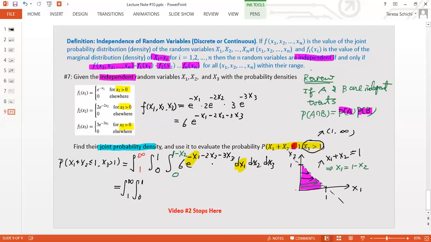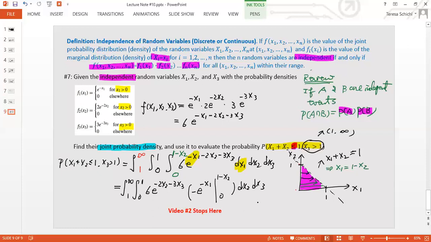So this is the 6. I can move all the others to here because this is the constant, right? Inside here, this is e to the negative x1. So the integration is negative e to the x1. Then what is your upper bound and lower bound? So it's 1 minus x2. Okay, now the next one, you do the dx2, dx3. When you substitute the x2 here, you can combine it with the x2s here.